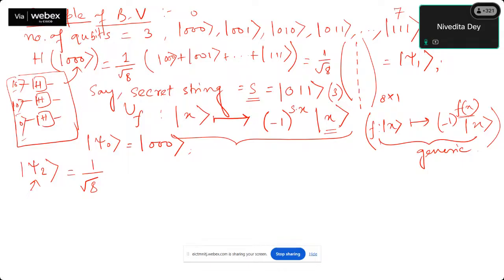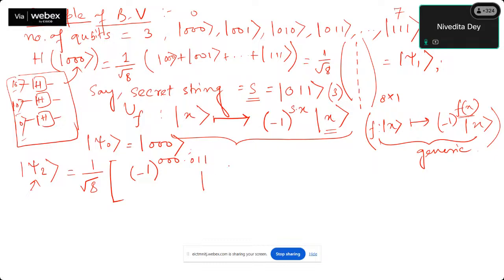So x actually holds everything: 000, 001, 010, all the states, even including the 011. So x contains all these states starting from 000 to 111, and s holds only one state, that is the secret one, that is 011. So in that case, it is -1 to the power 000, that is x, dot your s, which is 011.